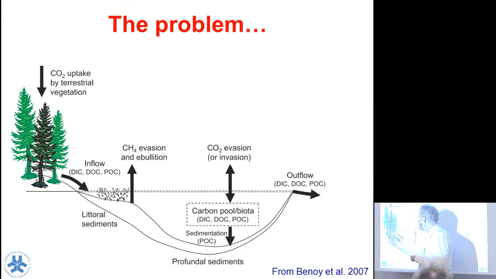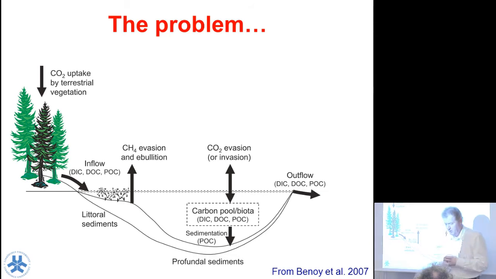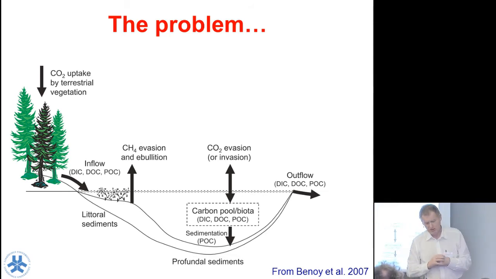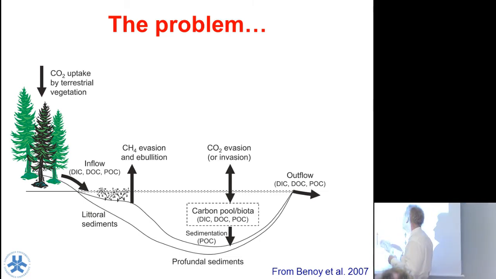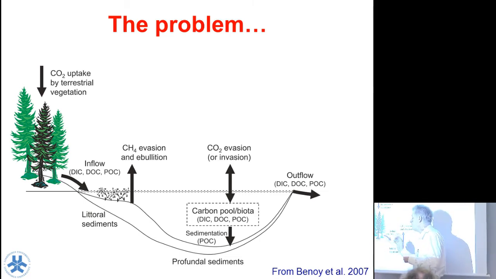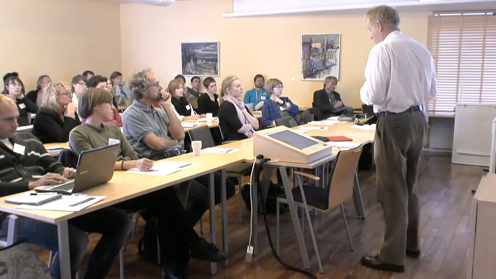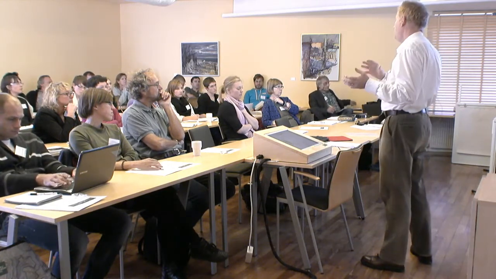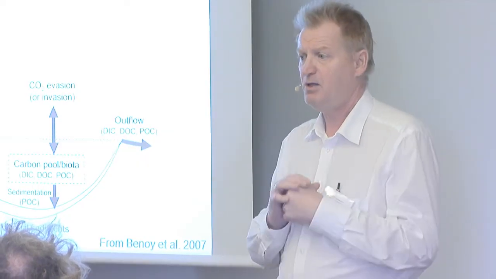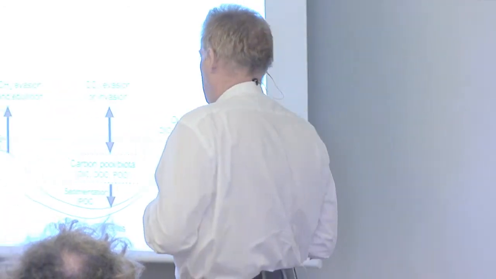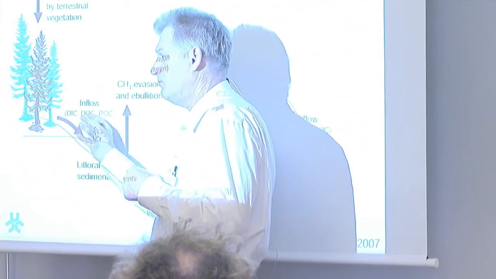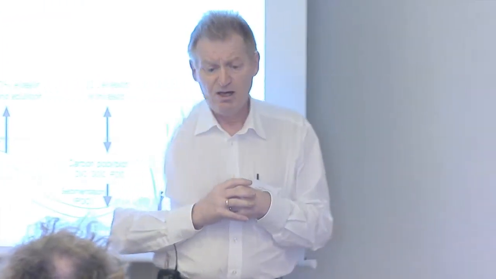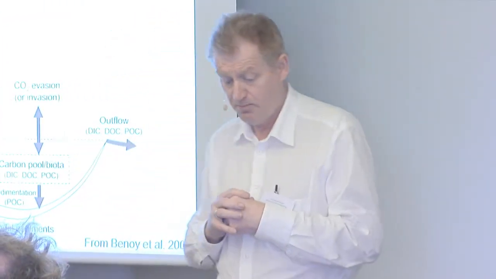The reason is that we have a transport of carbon out of the terrestrial ecosystem. That could be in the form of dissolved organic carbon, it could be particulate carbon, and to some minor extent dissolved inorganic carbon. And going back to something I haven't mentioned here, but which links to the earlier presentation, we also have a transport of dissolved organic nitrogen out into the system.